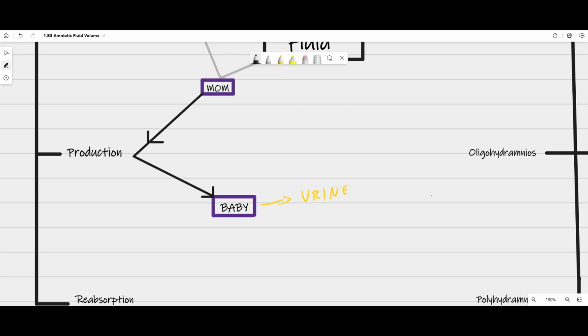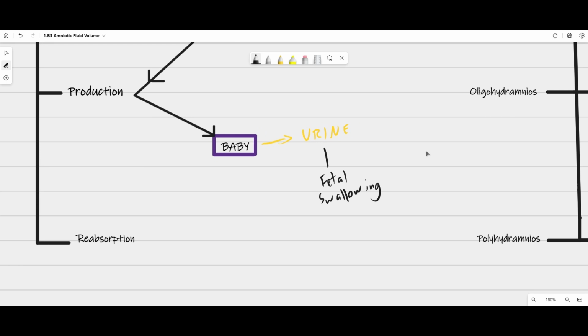And what happens with it? Well, the infant needs to reabsorb it. So we have something going on, which is called fetal swallowing. When the infant's in there, it's not just floating around doing nothing all day. It's kicking, it's doing some things, it's practicing breathing. It's swallowing this fluid, it's running it through its intestinal tract, so it can be reabsorbed.